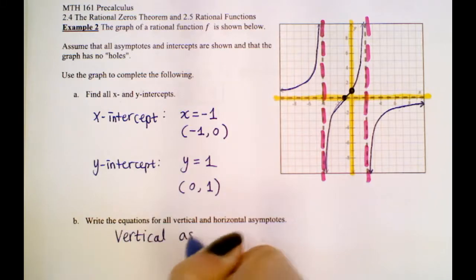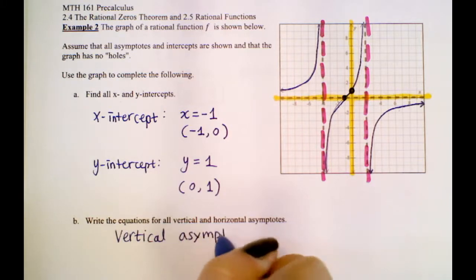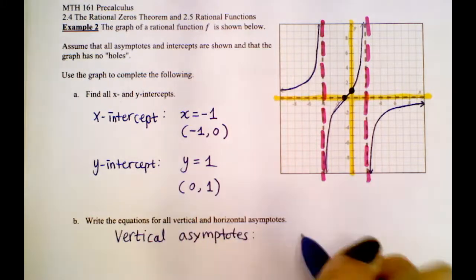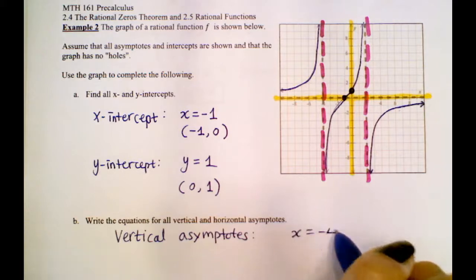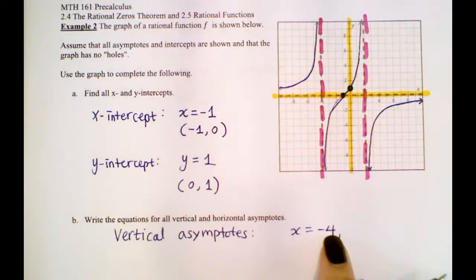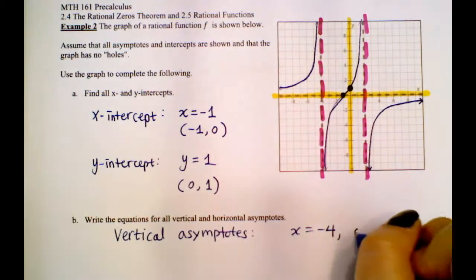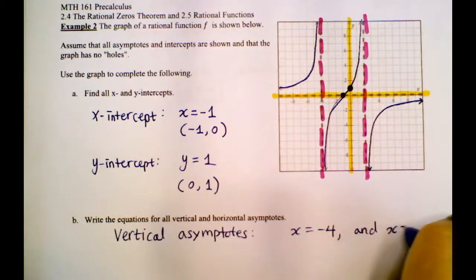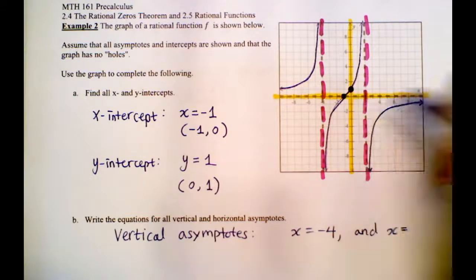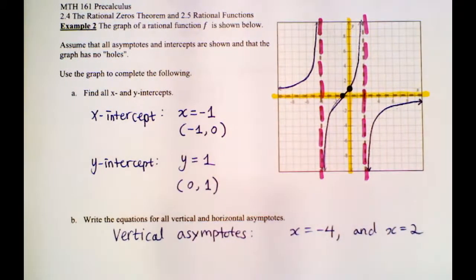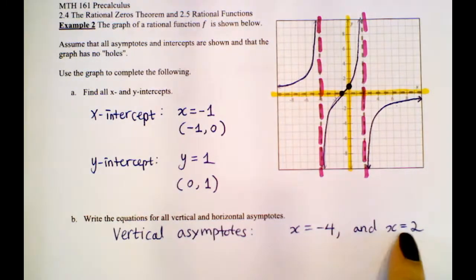The vertical asymptotes are at x equals -4. And remember, don't just give me -4. Don't give me just a number or y equals. For the vertical asymptote, you should say x equals the number, okay? And what's the other one? x equals, take a look, this one right here is at +2. So we have two vertical asymptotes, x equals -4 and x equals +2.